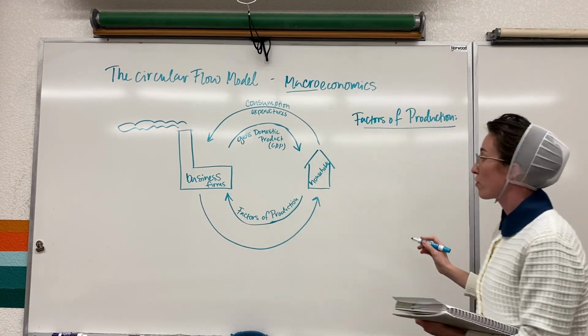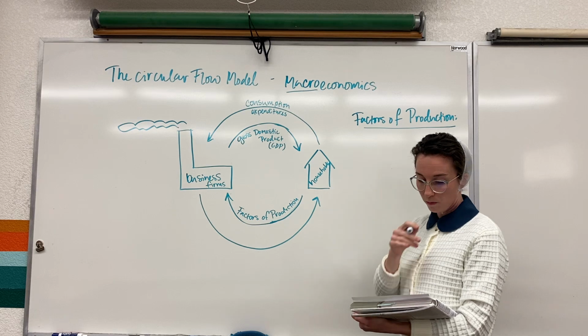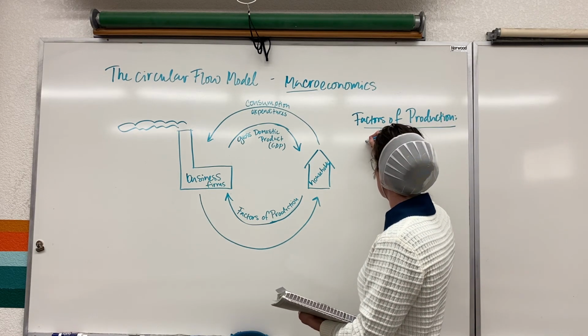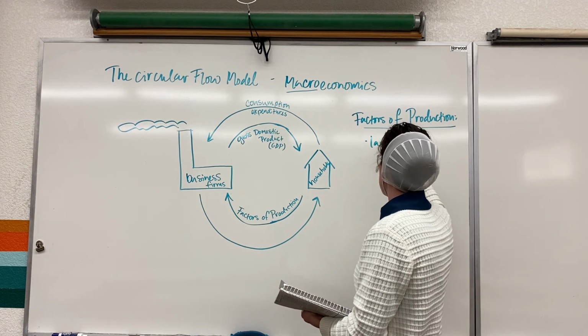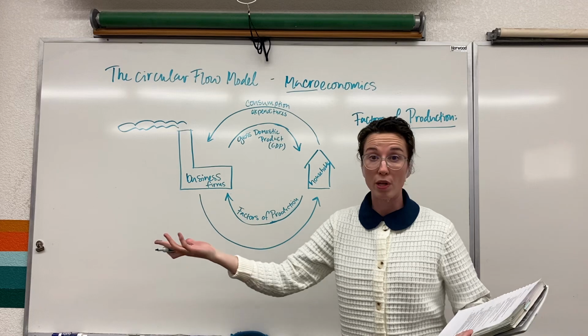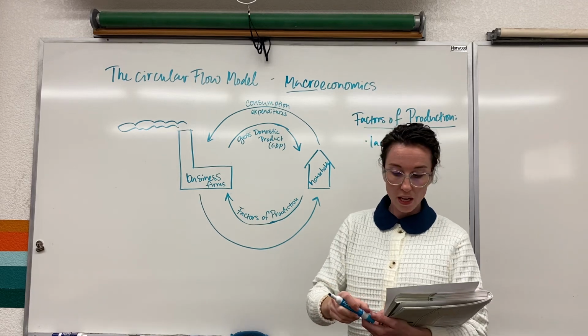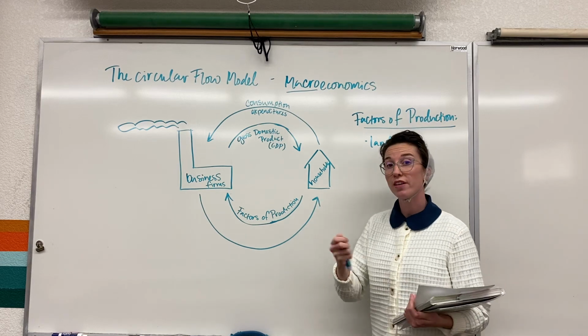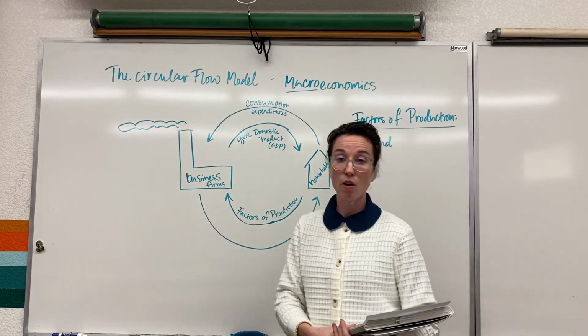Now, keep in mind, these are things that come from households. Okay, the first one we have is land. Now, this isn't just like land as in ground, right? But it actually goes a little bit deeper than this. Land is considered all of the natural resources that go into production.